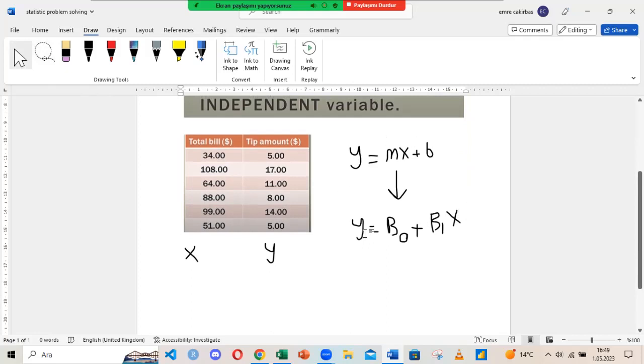For calculating the equation, we have to know b sub 0 and b sub 1.